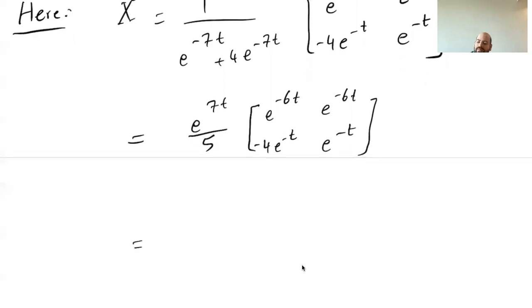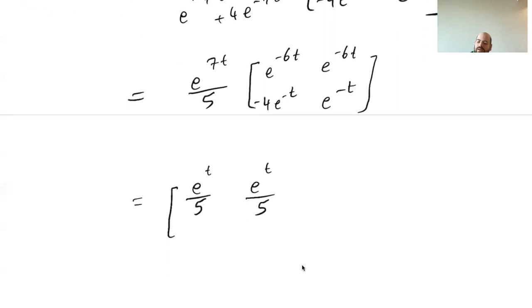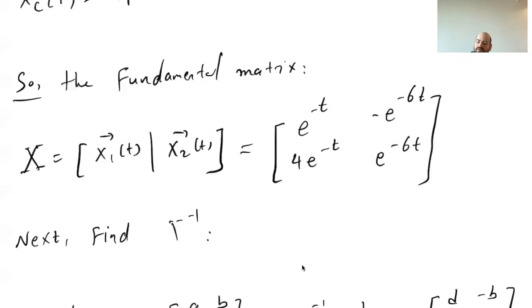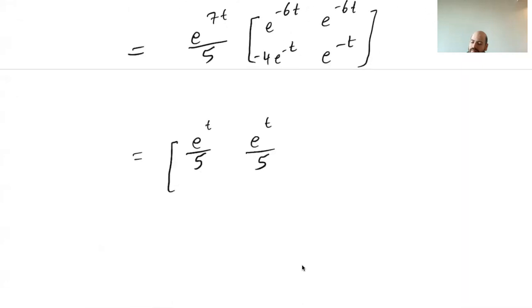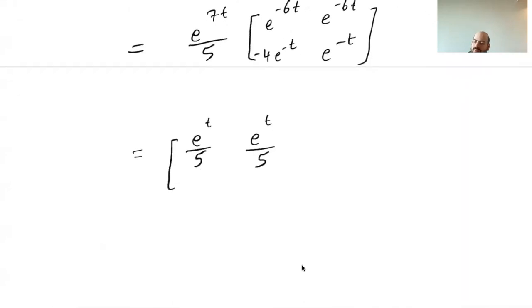And then this will be e to the power t divided by 5, e to the power t divided by 5, and then minus 4e to the power 6t divided by 5, e to the power 6t divided by 5.